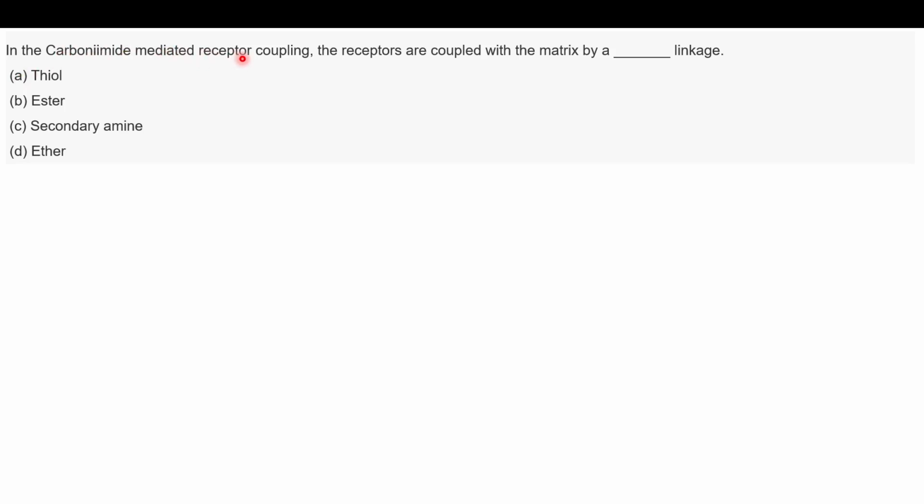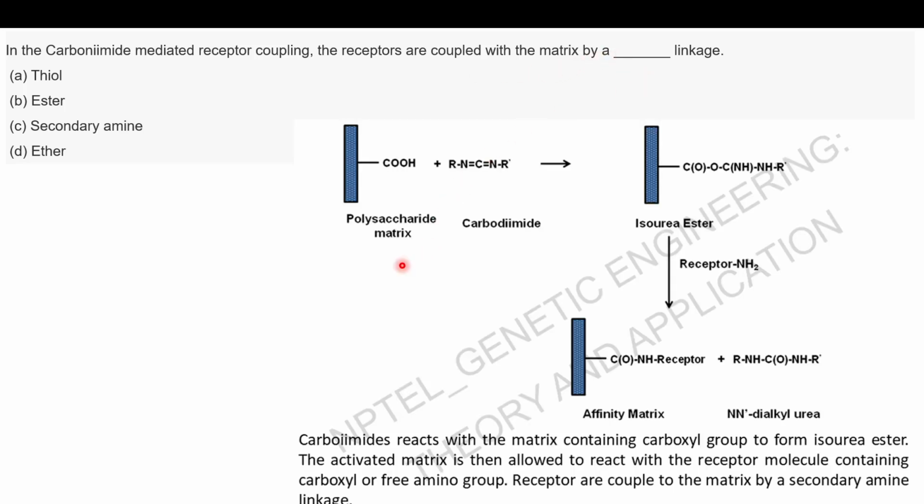Okay. In the carbodiimide mediated receptor coupling, the receptors are coupled with the matrix by a dash linkage. So, see, this is the polysaccharide matrix. This is carbodiimide, and then by reaction with isourea ester, this dialkyl urea is separated out, and your receptor is bound to the matrix here.